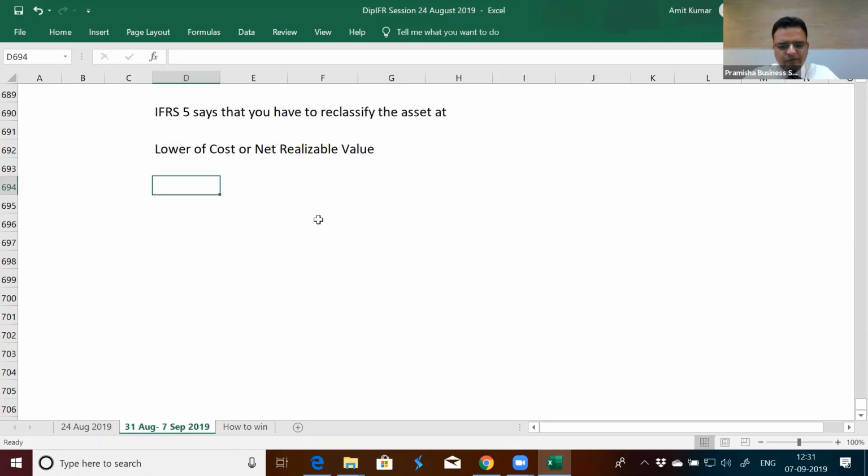One important phrase which they use is "on existing measurement basis". This simple phrase has a lot of weightage in IFRS 5.